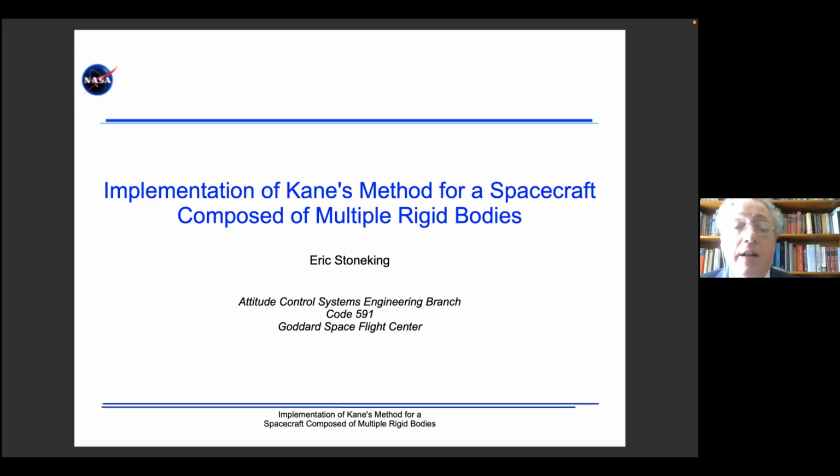He has 30 years of experience in spacecraft dynamics and controls, 20 of those at Goddard Space Flight Center. He received a Bachelor's of Science in Aerospace Engineering from Tri-State University and an MS in Aeronautics and Astronautics from Stanford University. And his catchphrase is F equal to MA, all the rest is accounting, which I find so catchy.